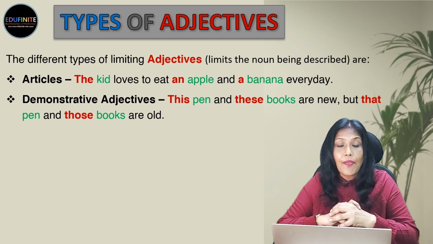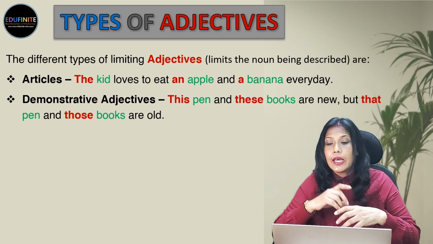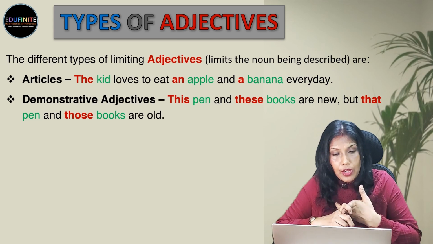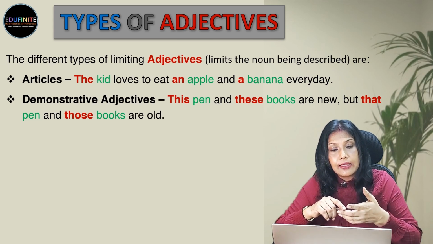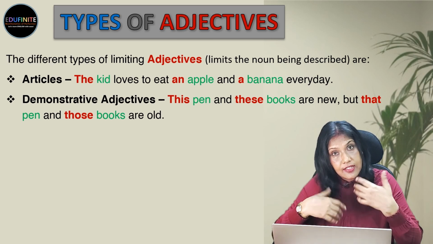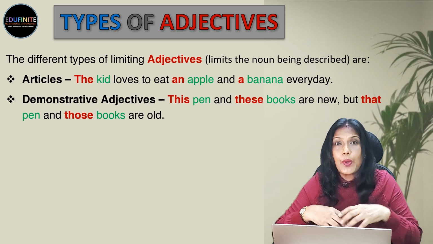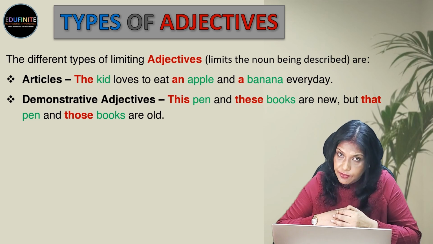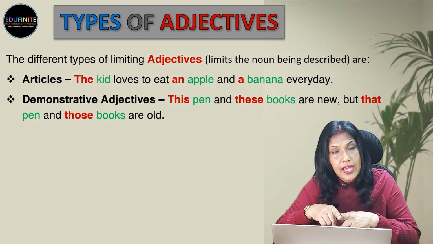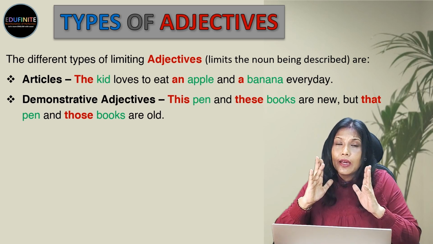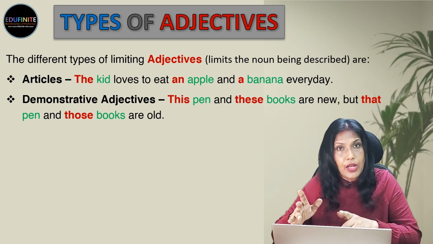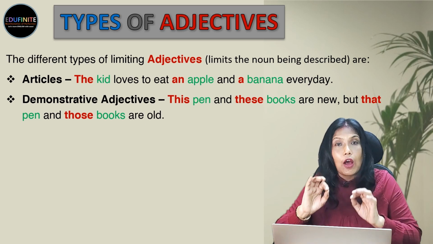But we'll have to keep one thing in mind over here. Because we have demonstrative pronouns too, this, that, these, those as demonstrative pronouns. So the difference between the two is when it is used as a demonstrative adjective, it will have a noun beside it. But when it is used as a demonstrative pronoun, it will not have any noun beside it.